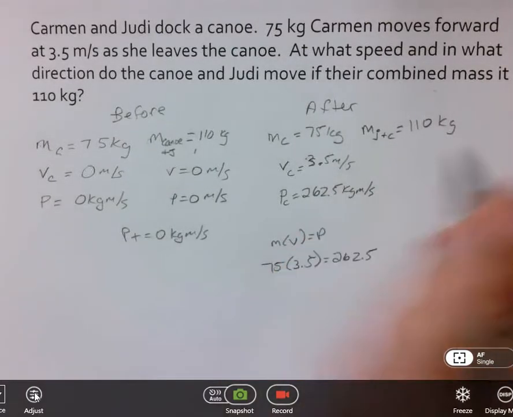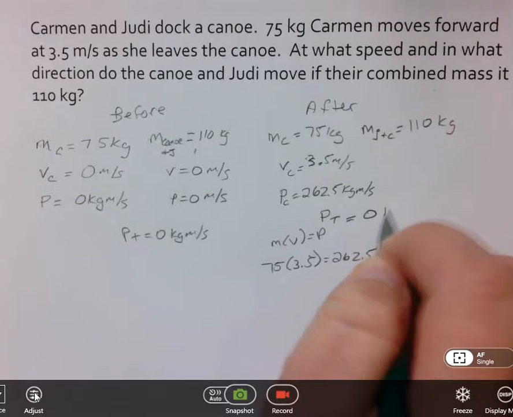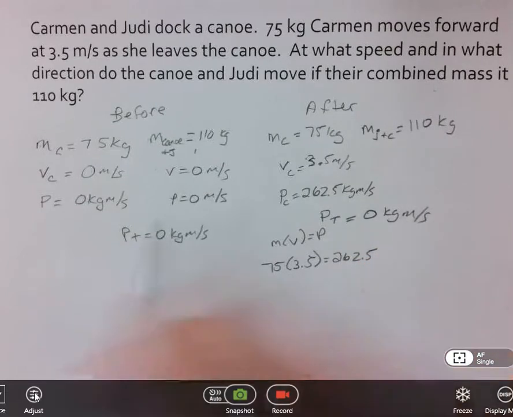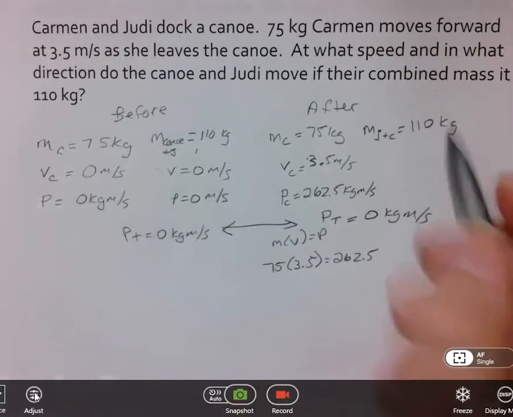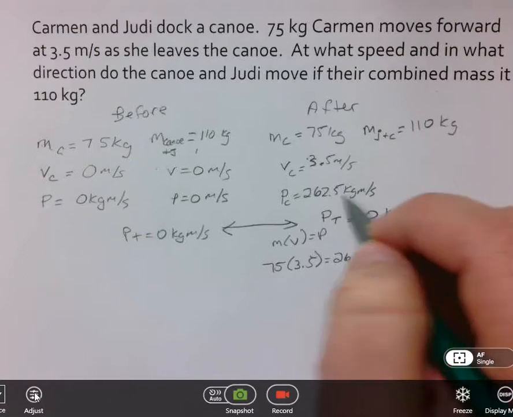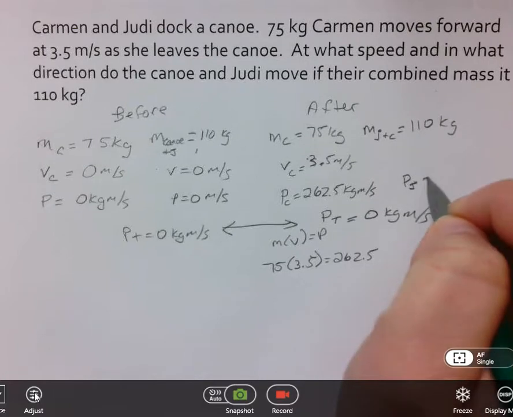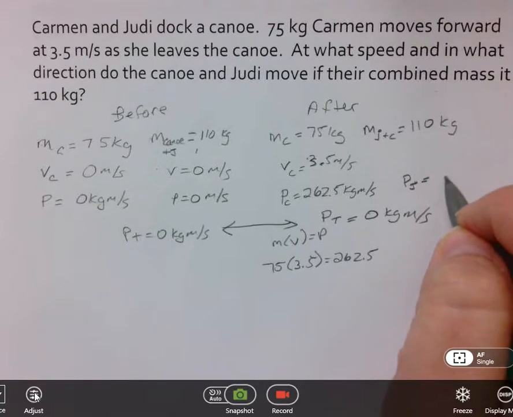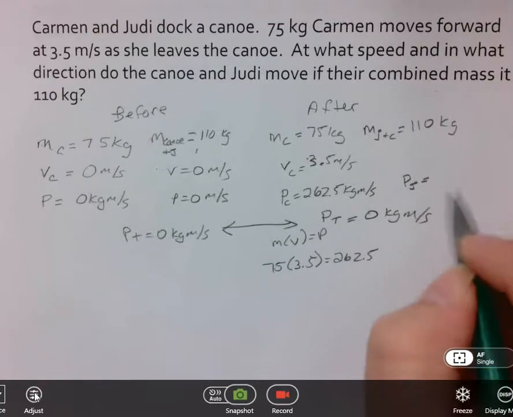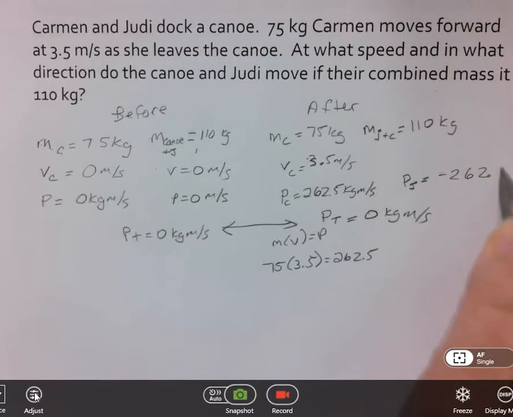So now my p total, remember, has to equal 0, because this equals 0. Those have to be the same. So then I know that this P of Judy and the canoe has to equal a negative 262.5.